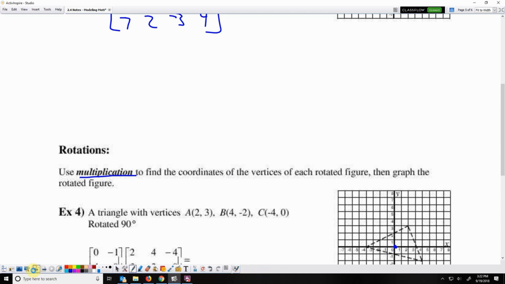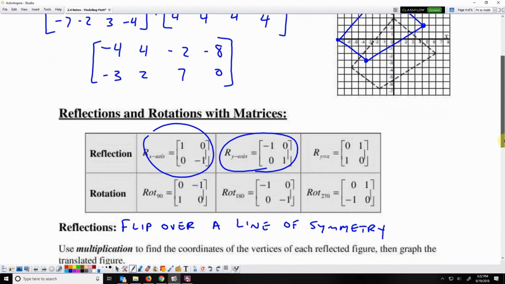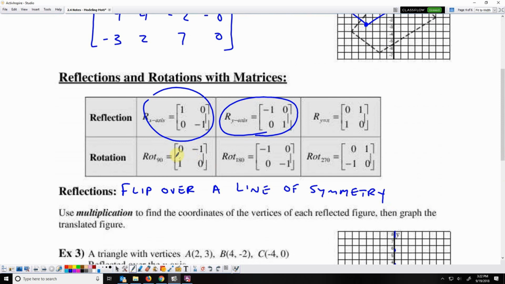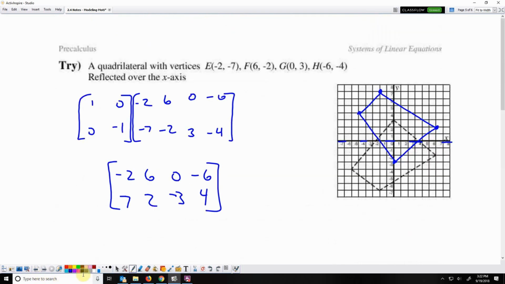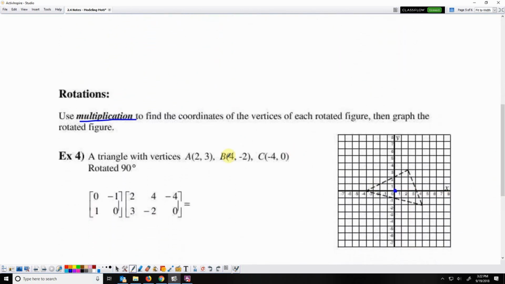So if we go back to our table, the rotation matrix for a 90-degree rotation is 0, negative 1, 1, 0. So we're going to rotate this matrix 90 degrees by multiplying by 0, negative 1, 1, 0.